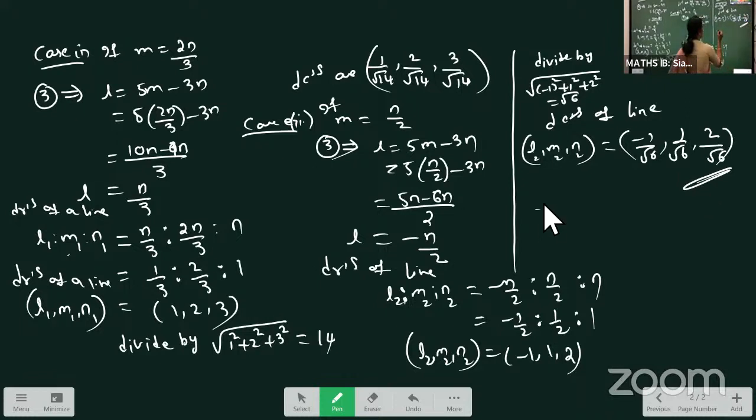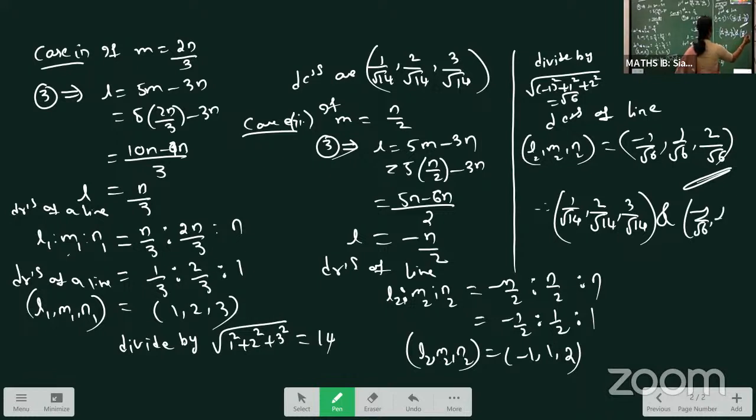So the final conclusion. Therefore, both together, the DCs you write. What are the first DCs? 1 by under root 14, 2 by under root 14, 3 by under root 14, and minus 1 by root 6, 1 by root 6, 2 by root 6 are the DCs of the given lines. That is how you have to solve.